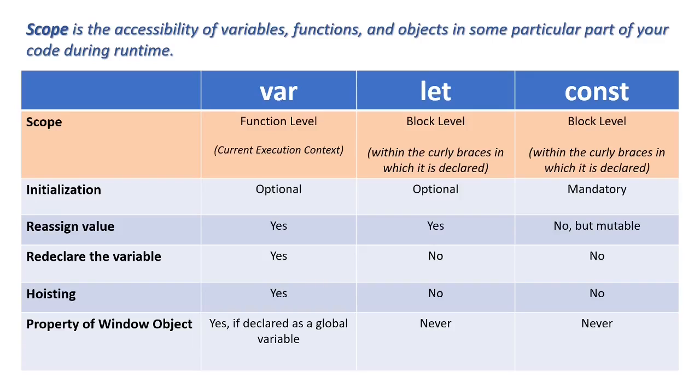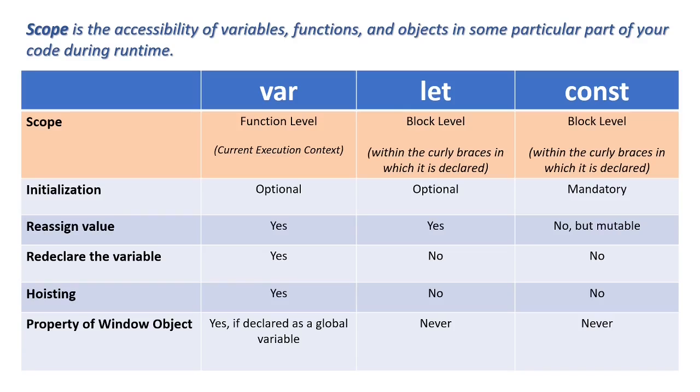There are a few differences between these three variables, and we will go one by one on all these differences, starting from scope. Scope is a term used for identifying the visibility of a variable from a specific section of the code, like what section of the code can see a specific variable. If we talk about var, it can be visible within a function.